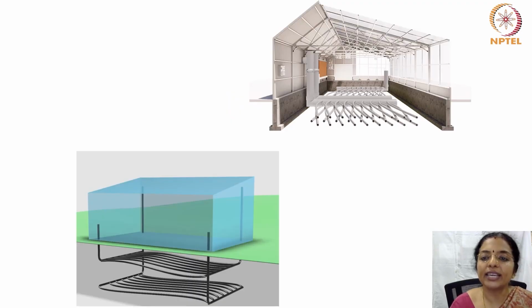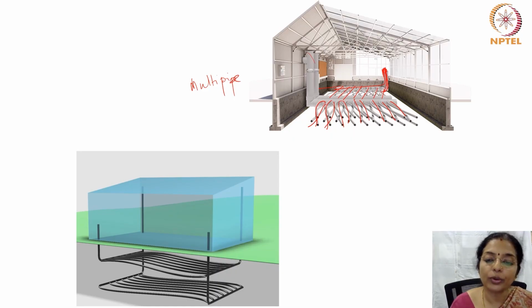So here is an example of a multi-pipe where a network of pipe is buried into the soil with an outlet hole. This is an outlet hole and air would come from somewhere else.